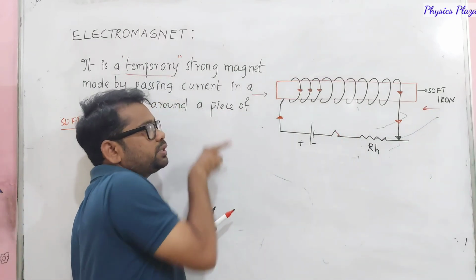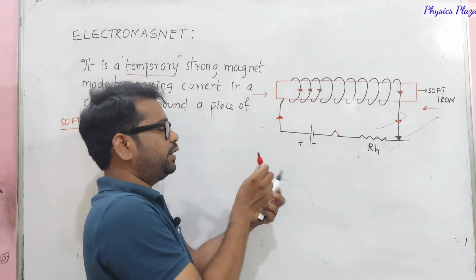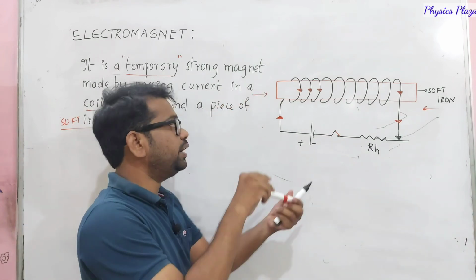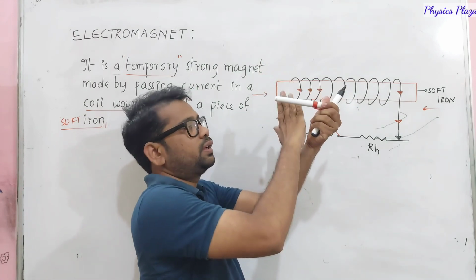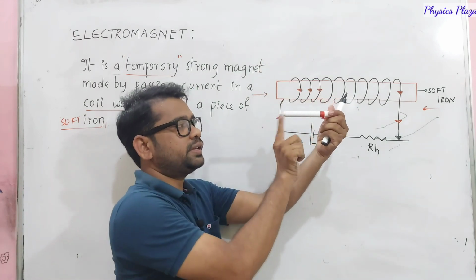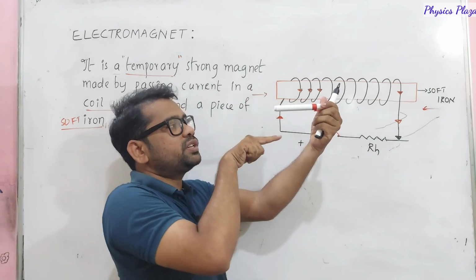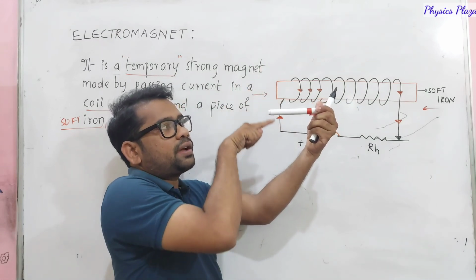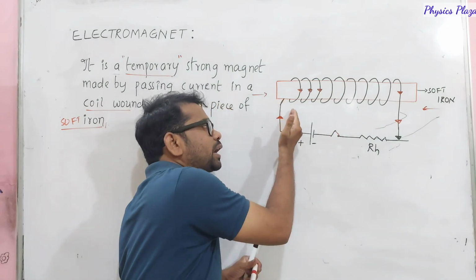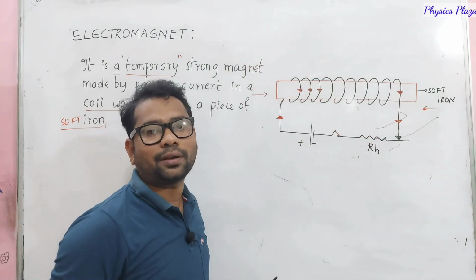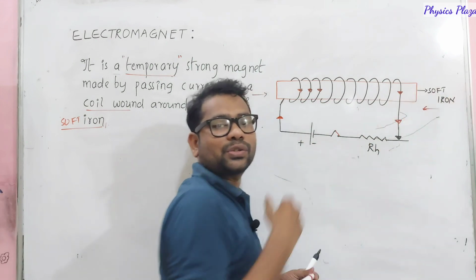Now, if I am noticing from this direction, let us say it is this coil. How is the current? Okay, the current is coming like this for me. At this end, the current is coming in this direction. So it is a clockwise direction here. Children, at one end it is clockwise, so at the other end you don't need to think. Obviously it is anti-clockwise only.